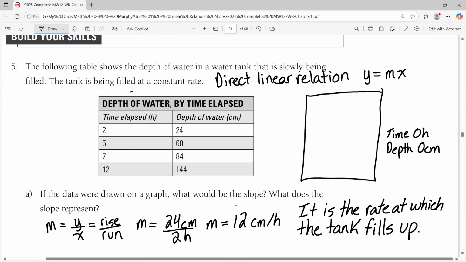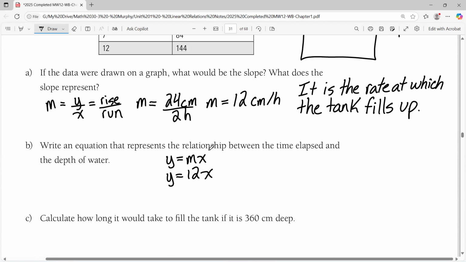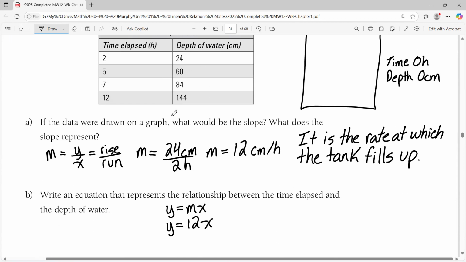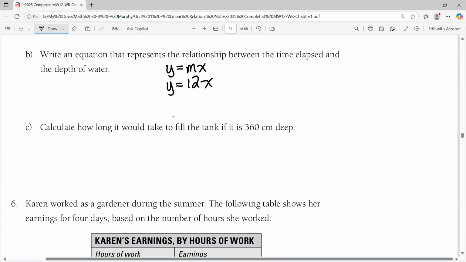X is the time, as it always is, and y is the dependent variable, the depth of water. So depth is equal to 12 times time in hours. And that equation can solve for either the depth if you know the time, or the time if you know the depth.